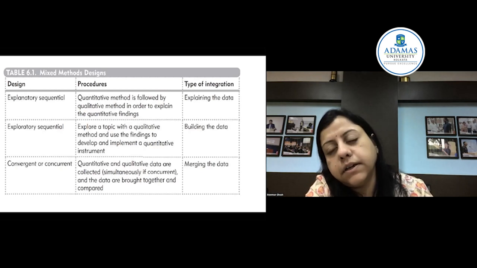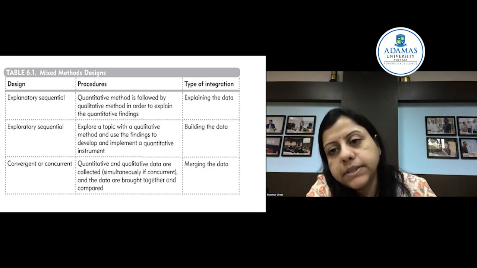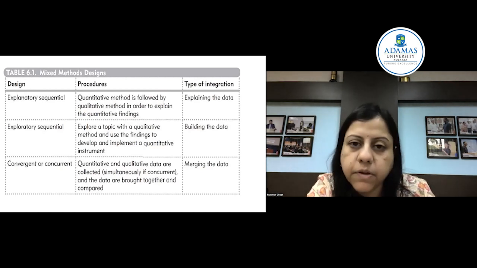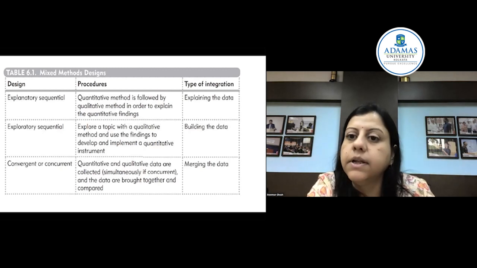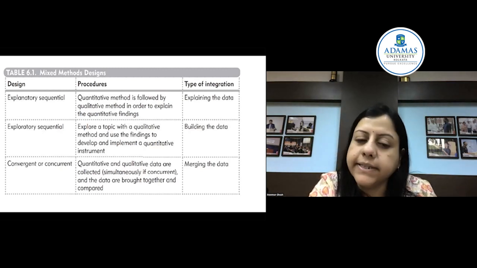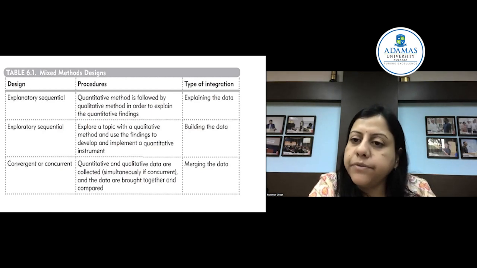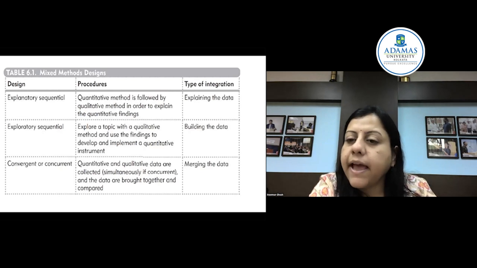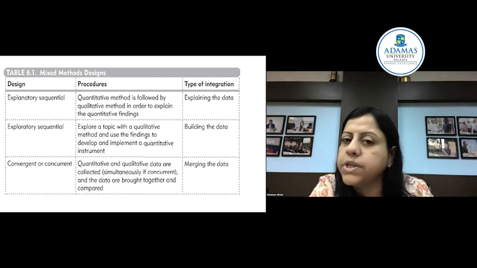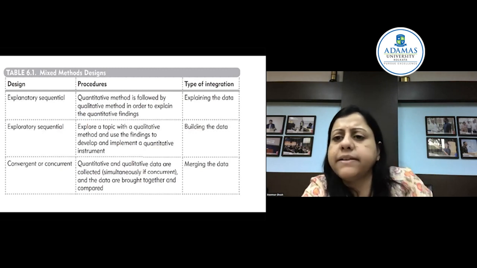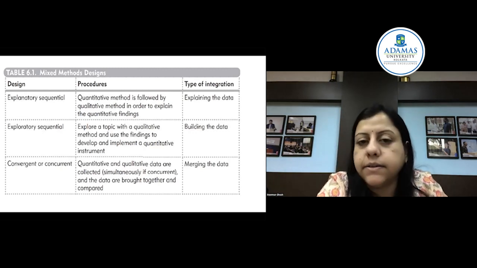They created a hypothesis and a conceptual framework through theories and variables. Once the conceptual framework is done, they conducted a survey and tried to validate the conceptual framework through the survey.